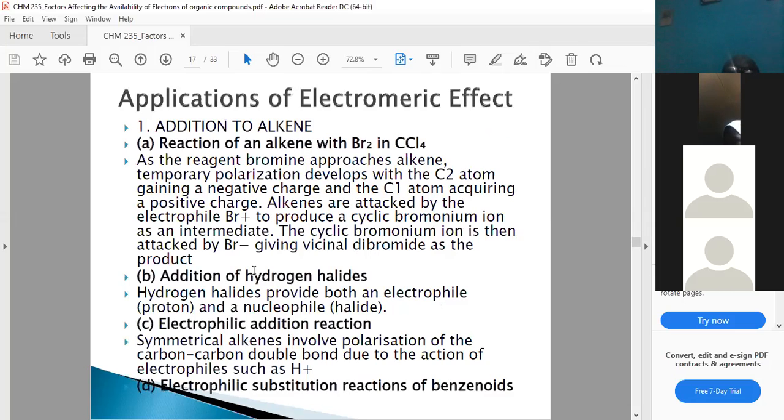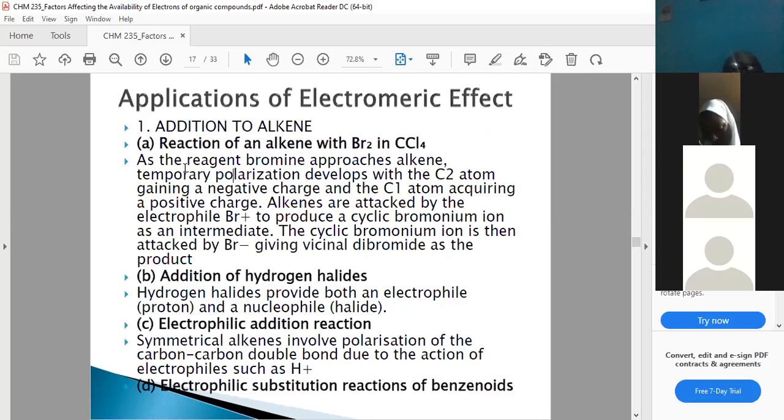Then you have the application of the electromeric effect. This electromeric effect operates in addition reactions to alkenes. You know that alkenes generally undergo addition reactions. And in such addition reactions, the pi bond in the alkene is broken, which means the electron moves to another atom.